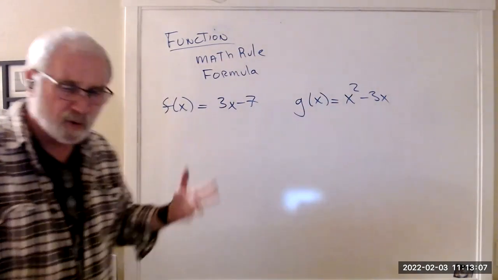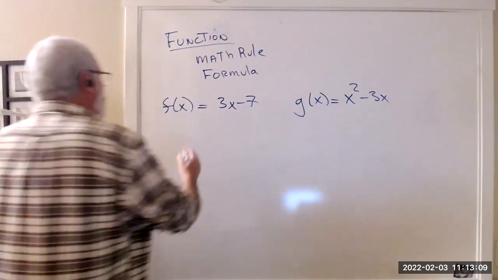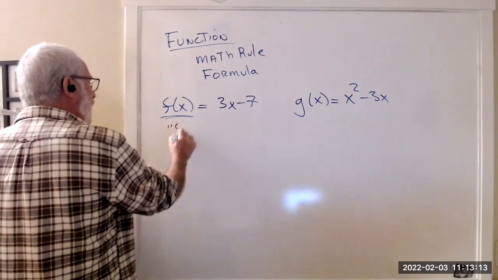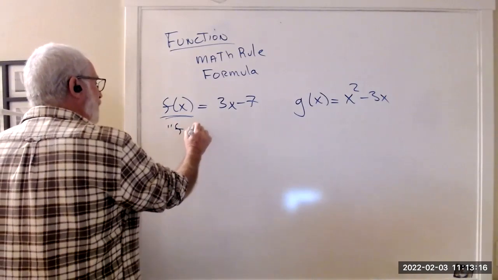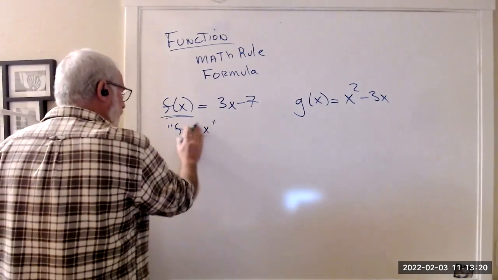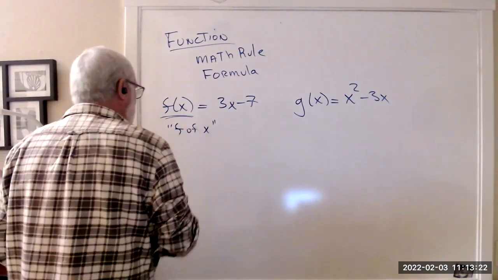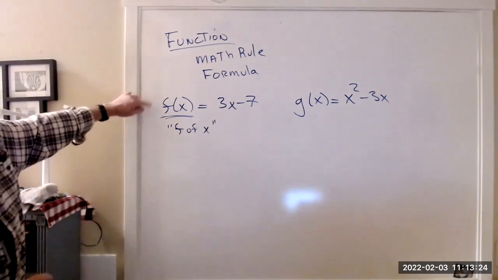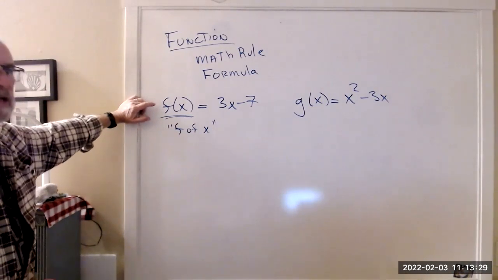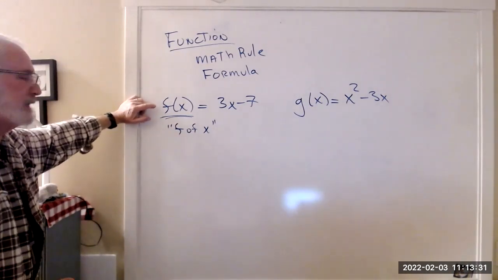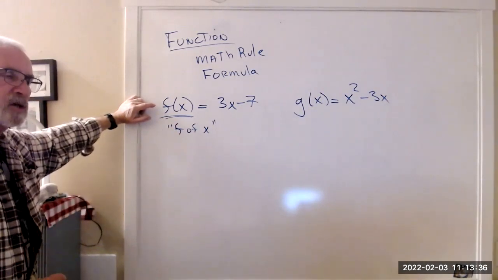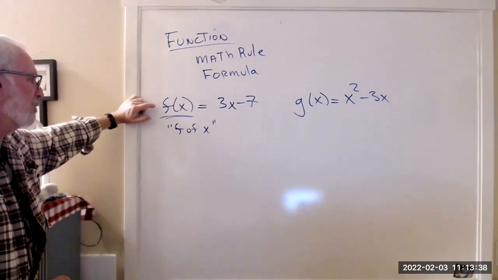Now, important here. We say this in English as F of X. That's how you say it. I can't write it very well, but that's how you say it in English, F of X. If you go to your next math class and call it FX, or F times X, nah, the instructor will look at you like, where'd you come from?